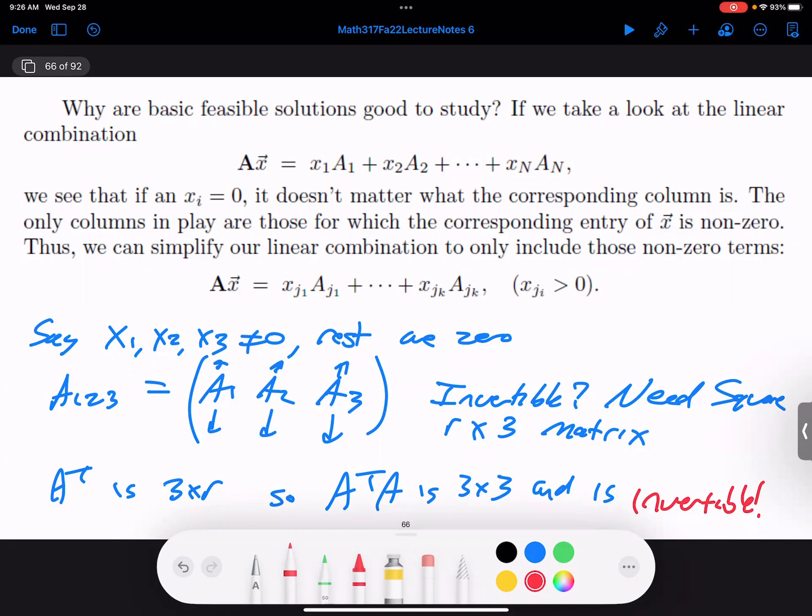So the idea is if we have, let's say, A1,2,3 X equals B, and I'll call it X1,2,3 because we're pruning it a little bit. Then I would get A1,2,3 transpose A1,2,3 X1,2,3 equals A1,2,3 transpose B, and now we can invert.